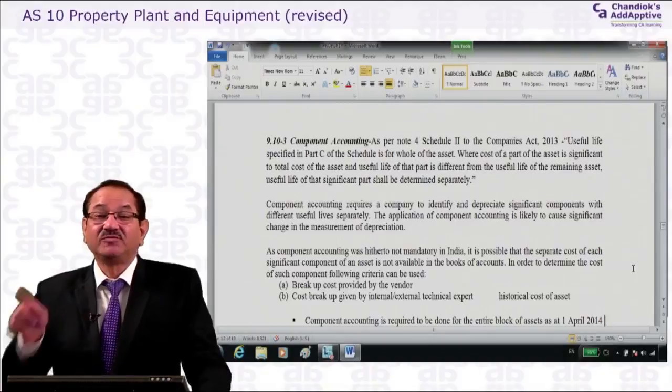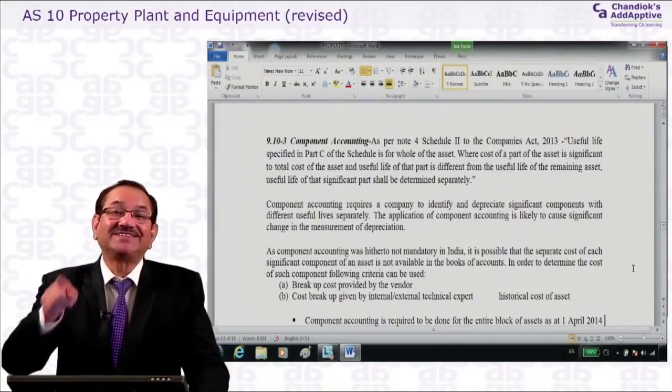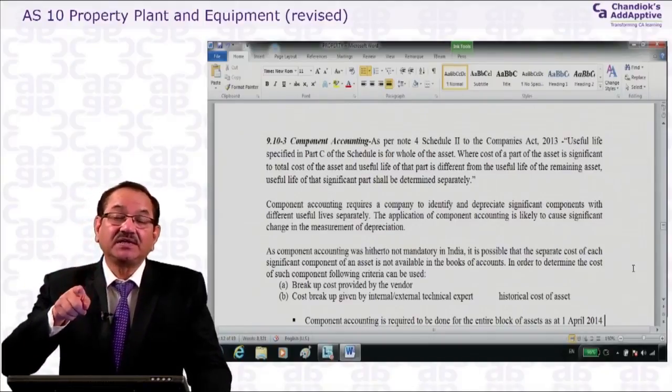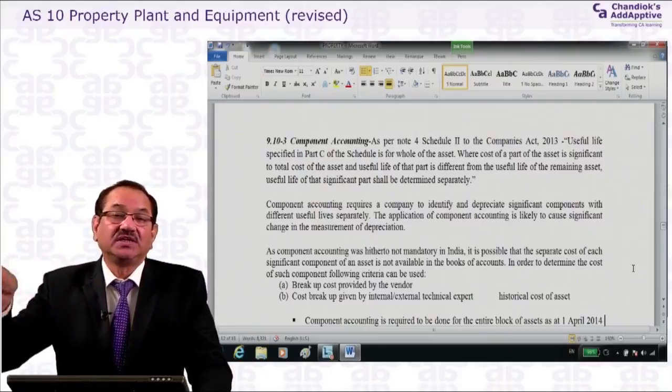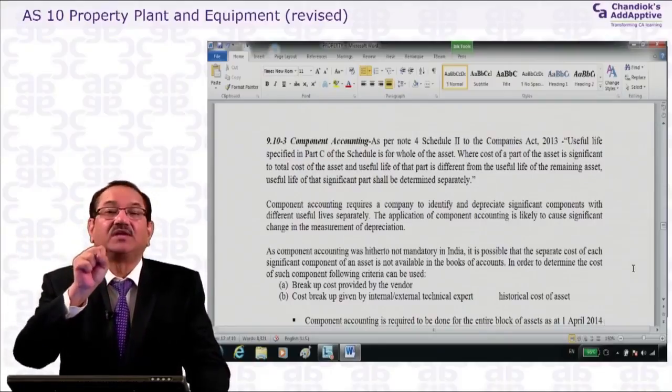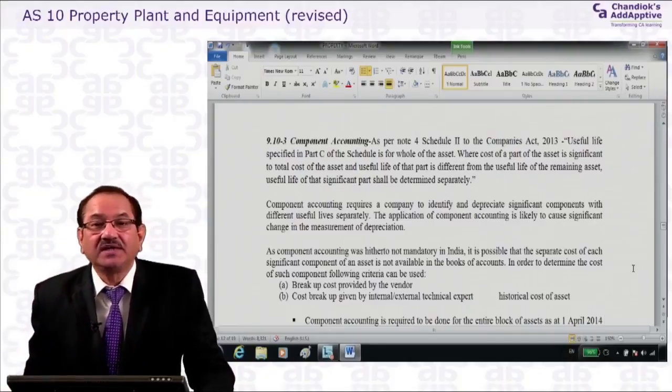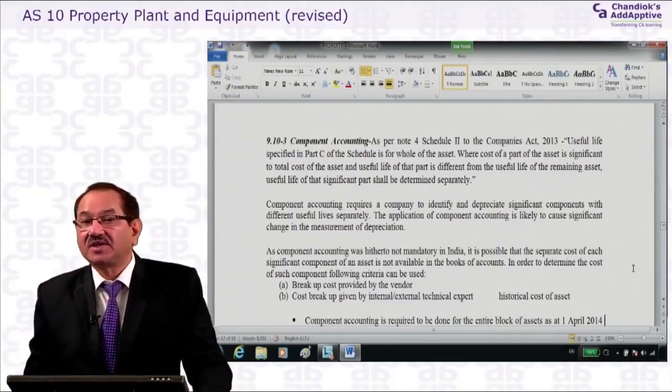No, it will be separately depreciated only when its cost is significant in relation to the total cost. If it is not significant, don't provide separately for that component.